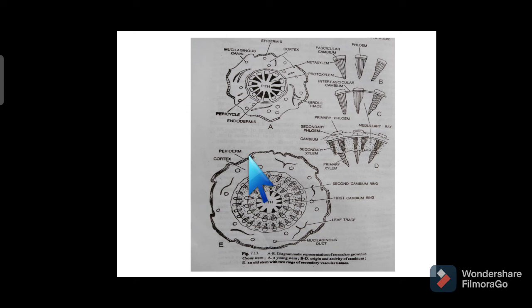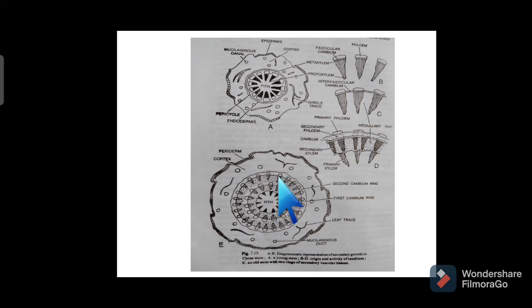Looking at the overall internal structure of the Cycas stem, it becomes clear that Cycas wood is soft and relatively spongy due to the presence of very wide parenchymatous rays, the medullary rays. The xylem portion is less compared to the parenchymatous tissue, that is the cortex, the pith, and the medullary rays.